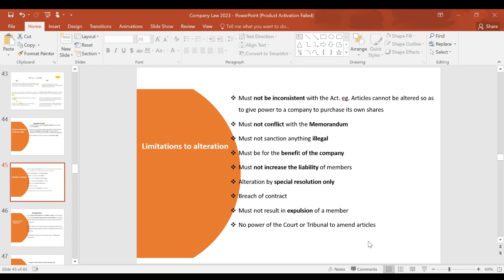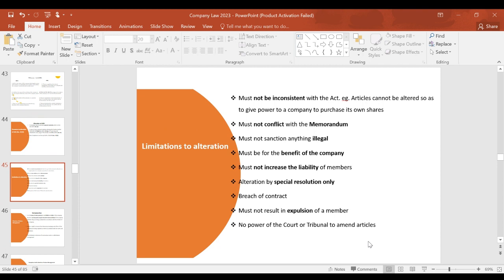So the special resolution must be the one which will resolve on which elements to be altered and how it should be altered. And of course, the special resolution comes with more than two-thirds of the members voting to make this kind of a resolution.